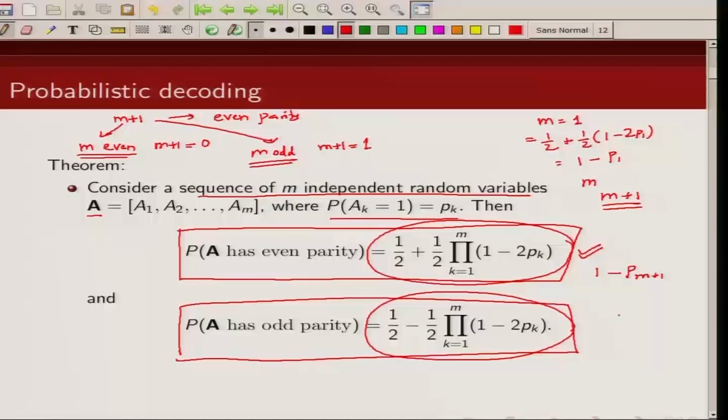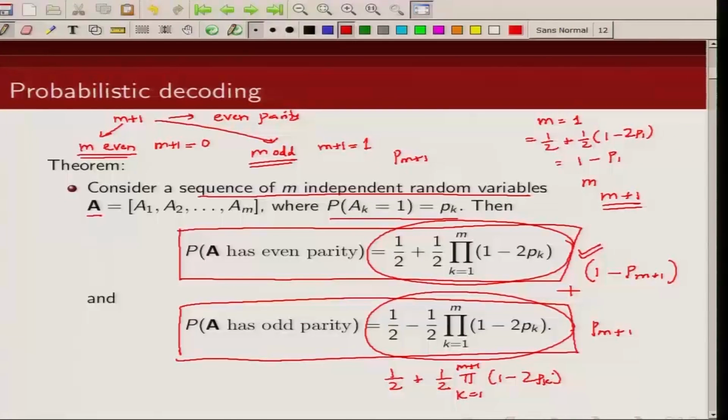That is given by p(m plus 1). So, the overall probability will be this multiplied by this plus this multiplied by p(m plus 1). And if you simplify this, we can show that it comes out to be half of 1 plus the product over k equal to 1 to m plus 1 of (1 minus 2pk).